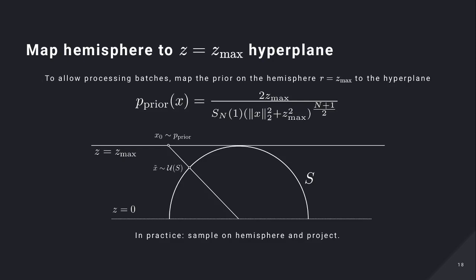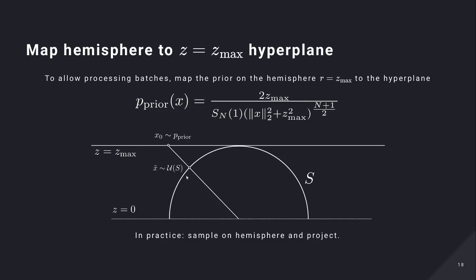But then we do another thing, to allow processing batches. Remember that this is an ODE, so we'd like to sample these ODEs in batches. And the problem is that most ODE solvers only allow you to start your ODEs from the same time step. To alleviate that, they map the prior on the hypersphere.